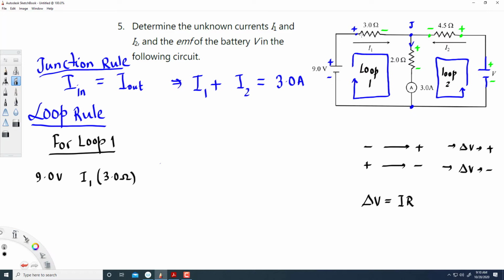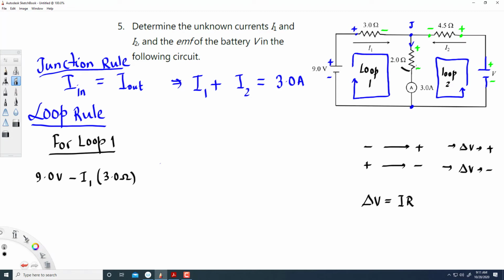Now we are going from positive to negative, downhill, higher potential to lower potential. So the potential difference is negative, so minus sign. And now the next component in this loop is this one, 2 ohms.